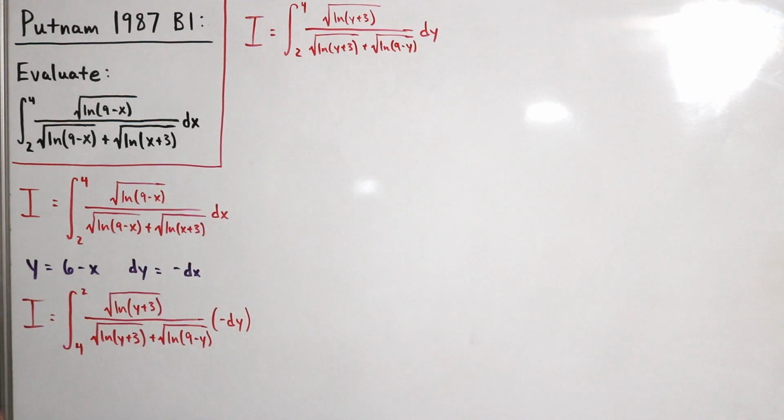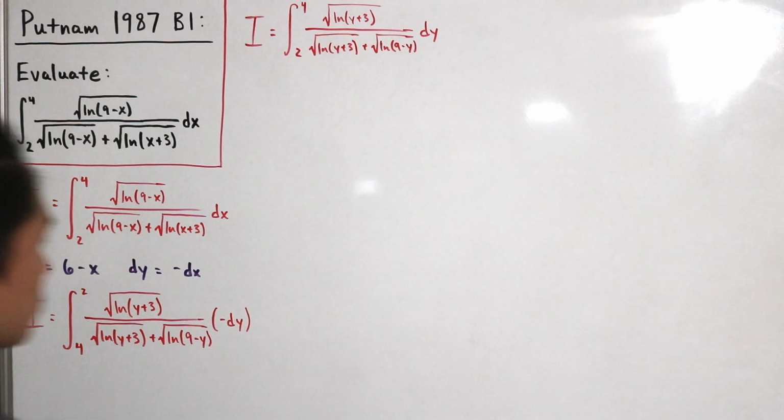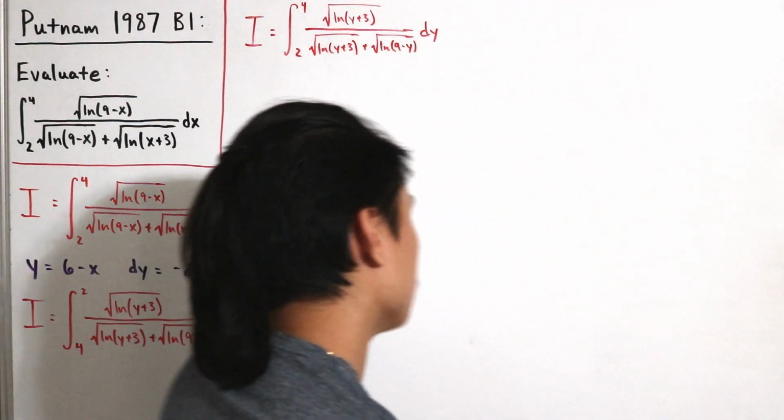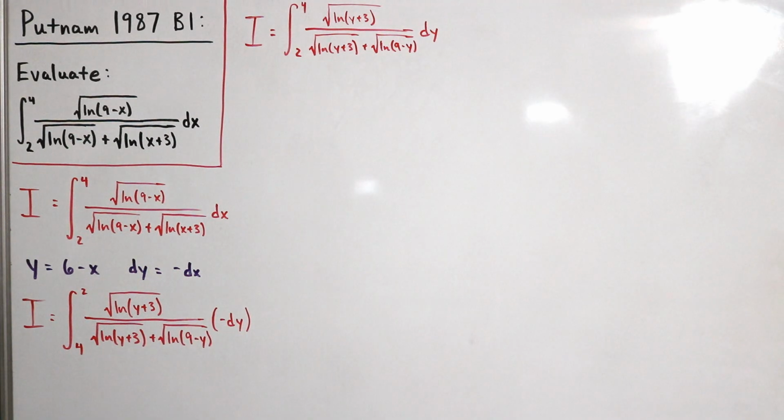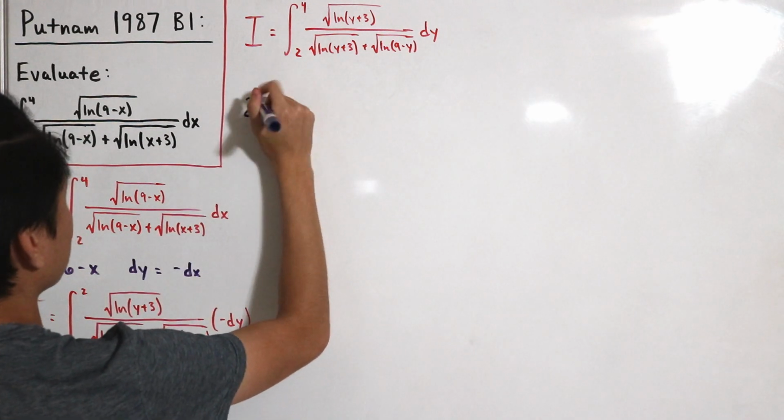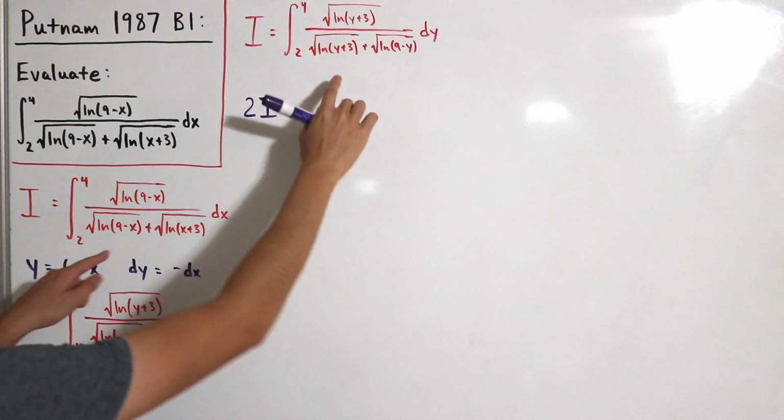What's interesting is that I can double the quantity, so this is basically 2 times I, because we're just adding the two integrals together.